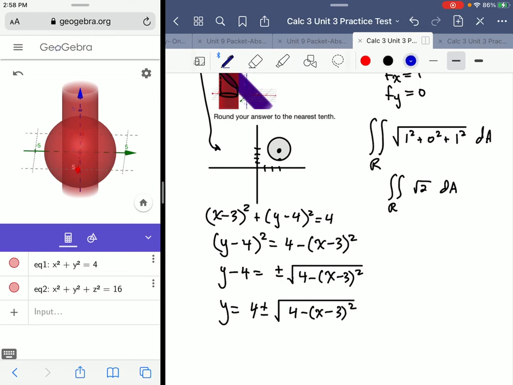Now in terms of x, you just look at the picture: the center's at 3, 4, reduce the x value by 2 and increase it by 2, we're going from 1 to 5. It's a little off with the scale, but you get the idea. So x is over the interval of 1 to 5.